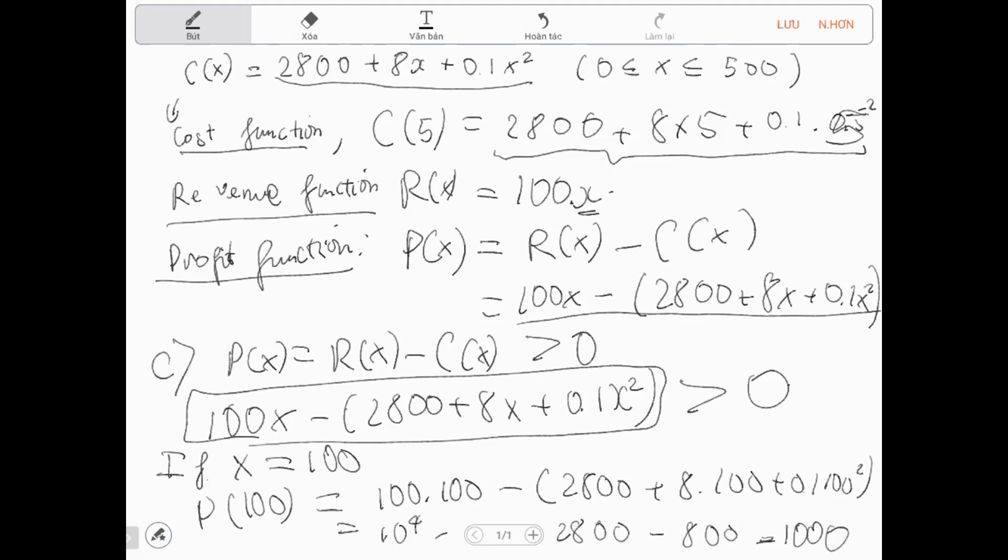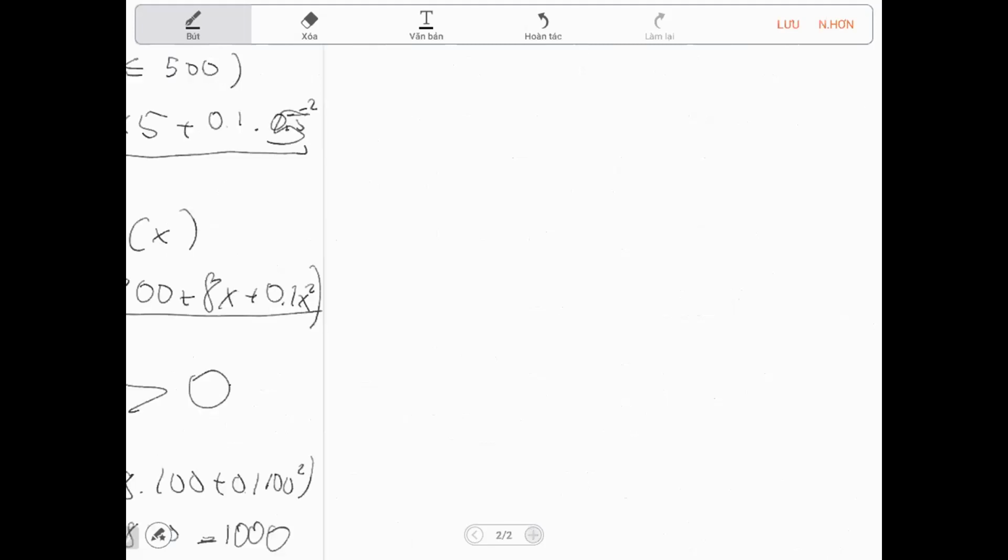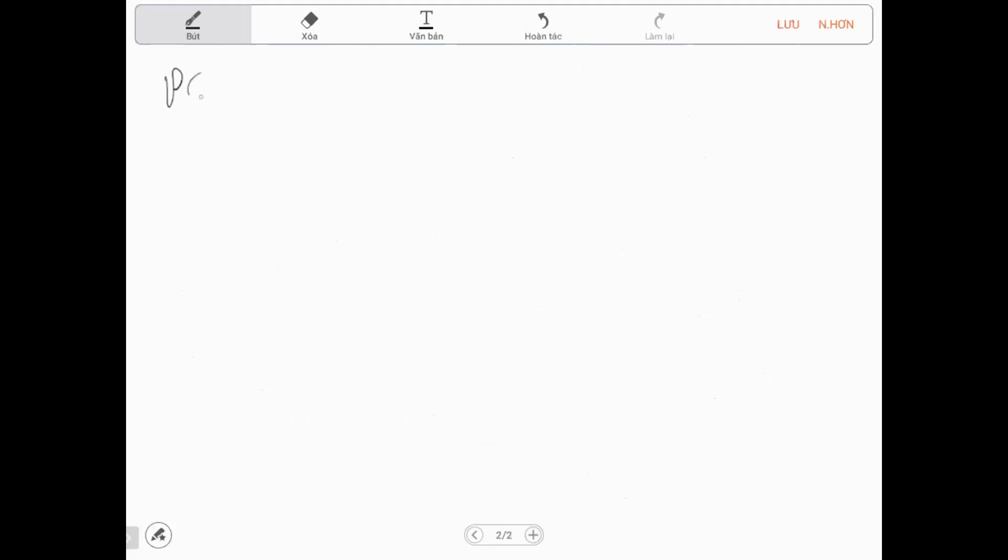Let me go to the next page. So P(100) is 10 to the power 4 minus 8,500, minus 800, minus 1,000. So this is 10,000 minus this amount, equal to some value.